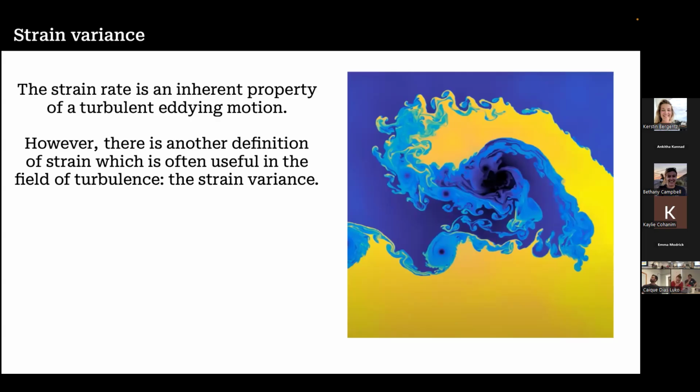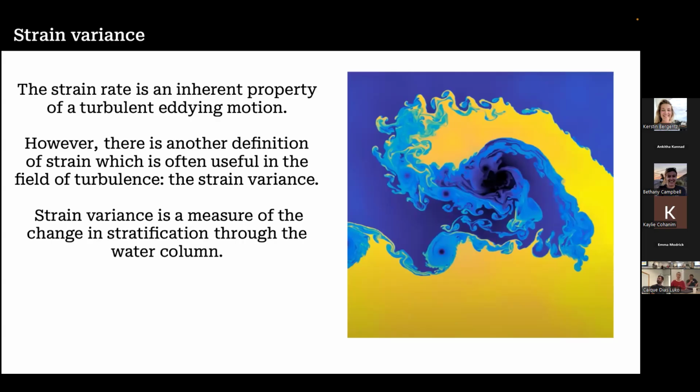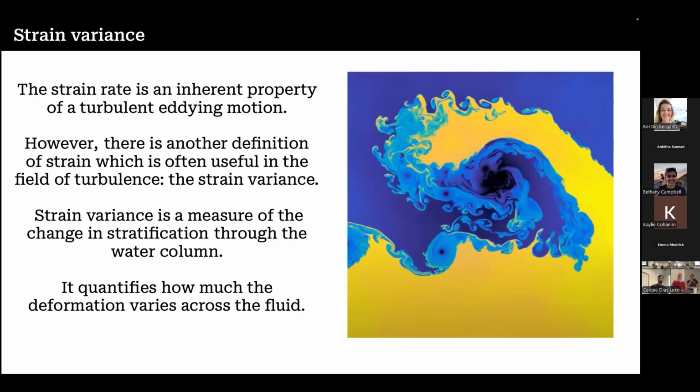So we can look at a picture like this, and we can kind of tell where the places are where there's more deformation, like around here, around there. And so the strain variance aims to get that kind of information by measuring the change in stratification through the water column, and just quantifies how much the deformation varies across the fluid.